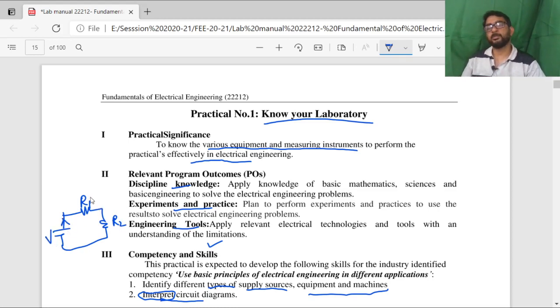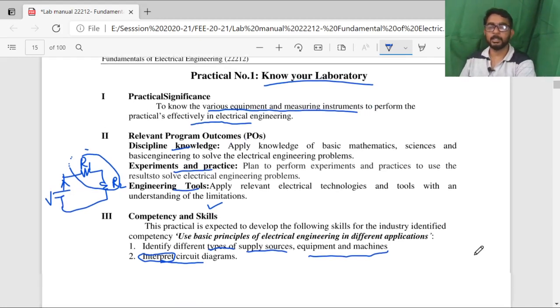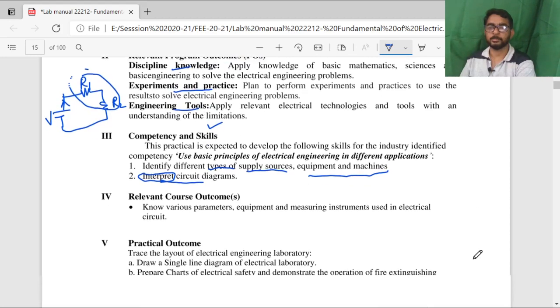So he will be able to read this diagram. He can say these two resistances are connected in series across the battery source. Such type of skills he will get after completing this practical.